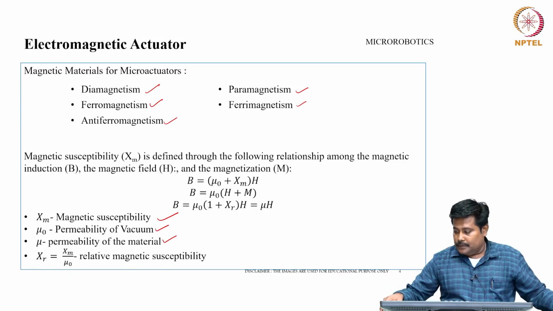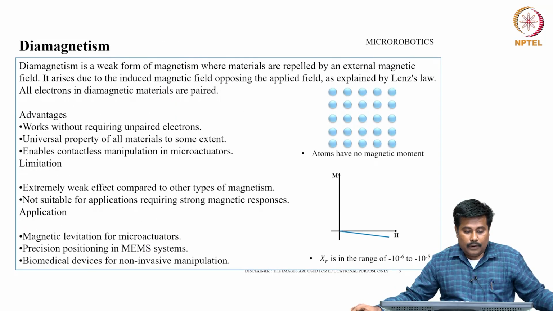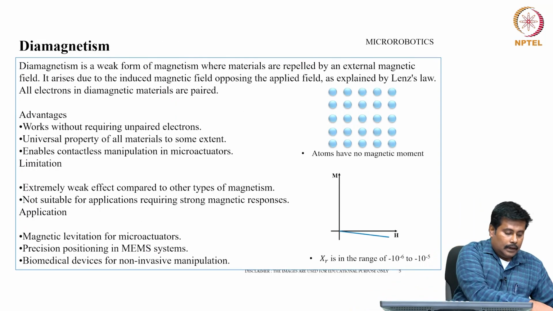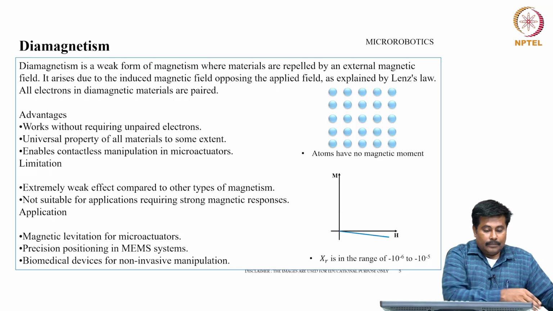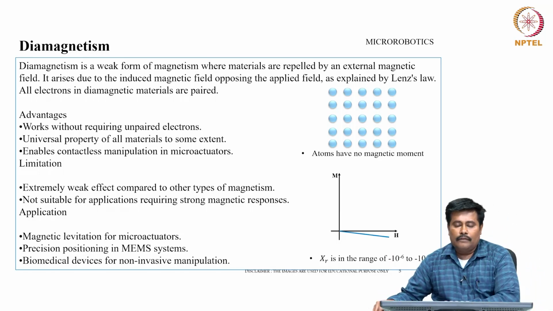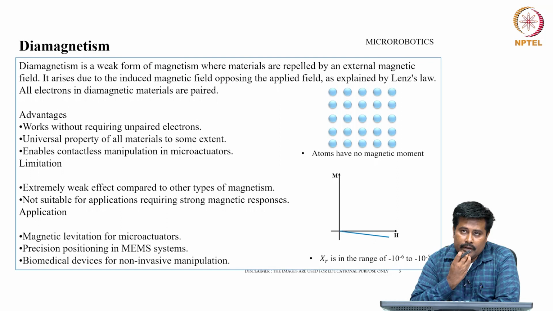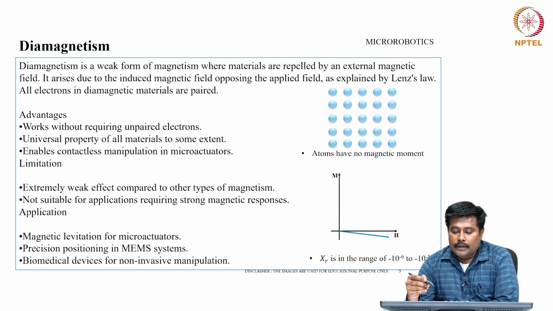Now, when we talk about the type of magnetism employed from the micro robotic point of view, we have diamagnetism, which is a weak form of magnetism where materials are repelled by an external magnetic field.